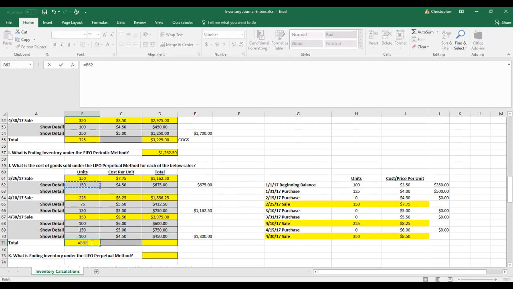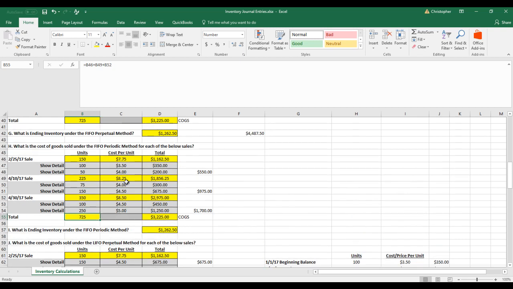So again, we're going to take a look at how many units we sold and what the overall cost was. I'm just adding up these subtotals. That same 725 units that we sold under FIFO now costs us $3,637.50 as opposed to the lower $3,225 back under FIFO.